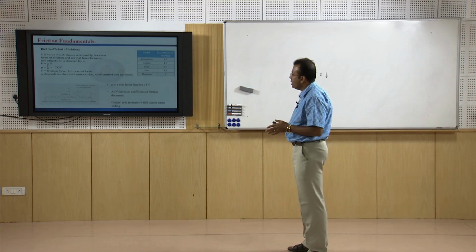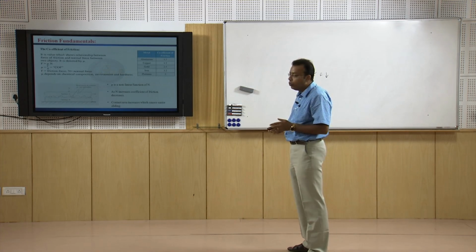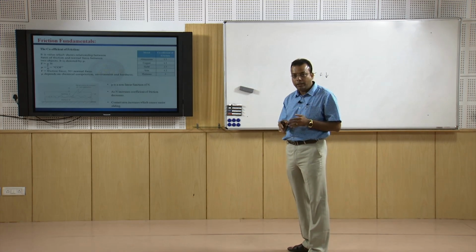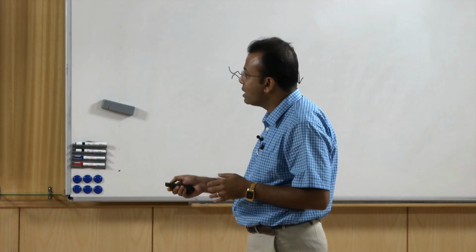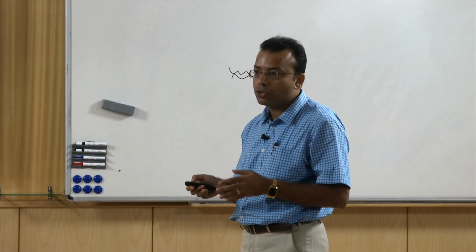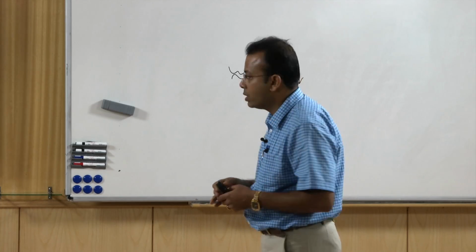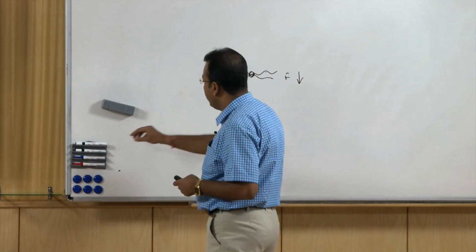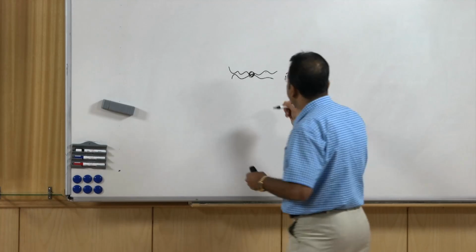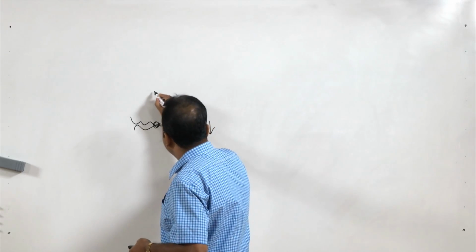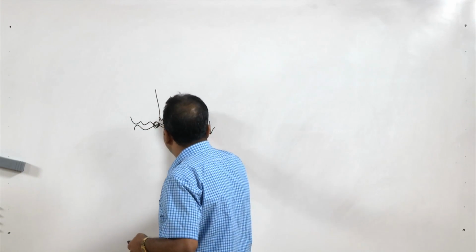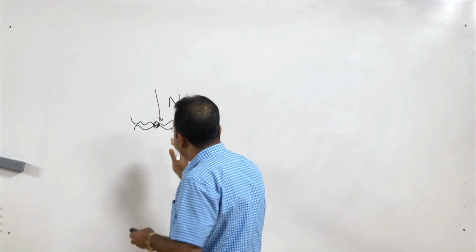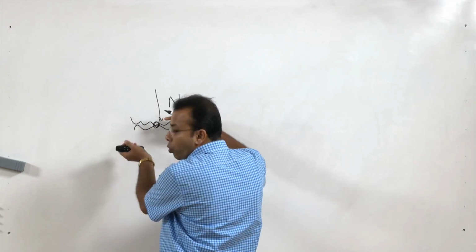Friction directly depends on the normal load applied to that particular body, which is known as N, and the force generated opposite to the motion. Suppose we have two bodies interacting with each other, then the normal load acts at this particular point, and this body is trying to move in this direction.